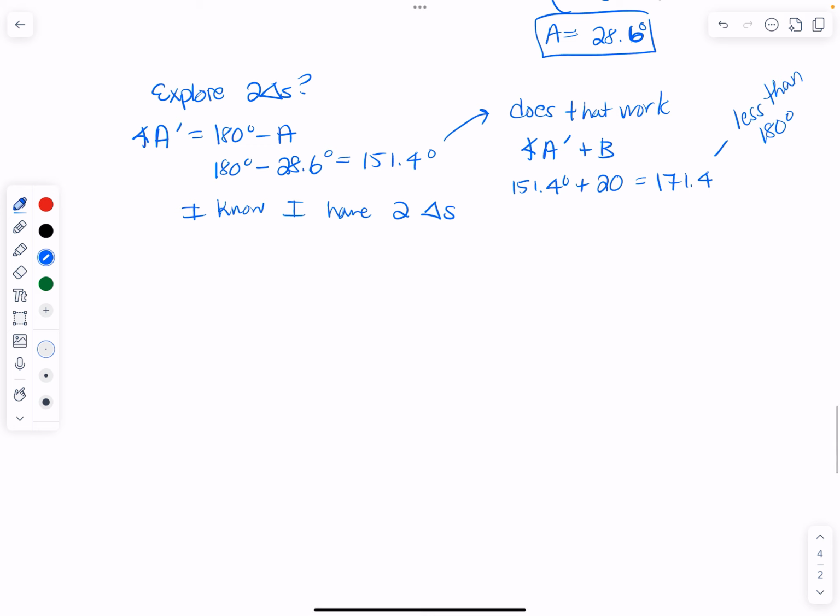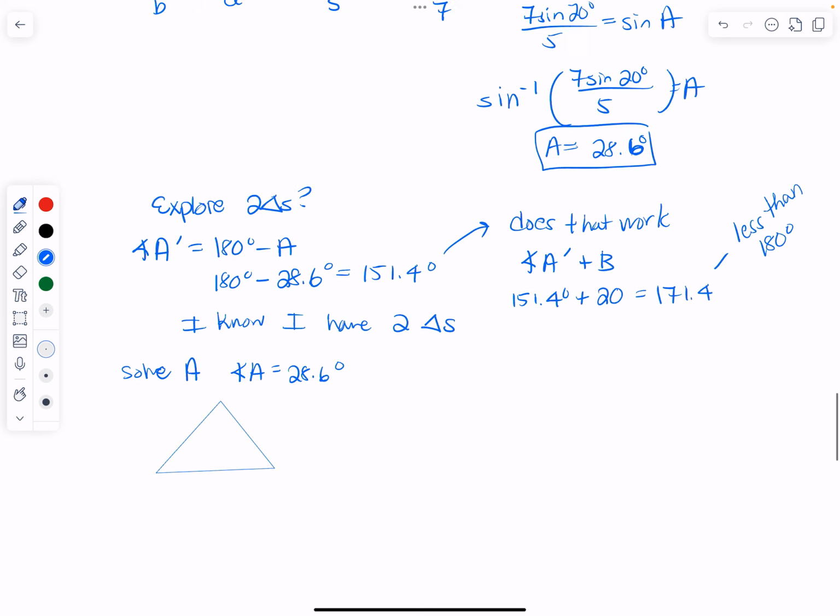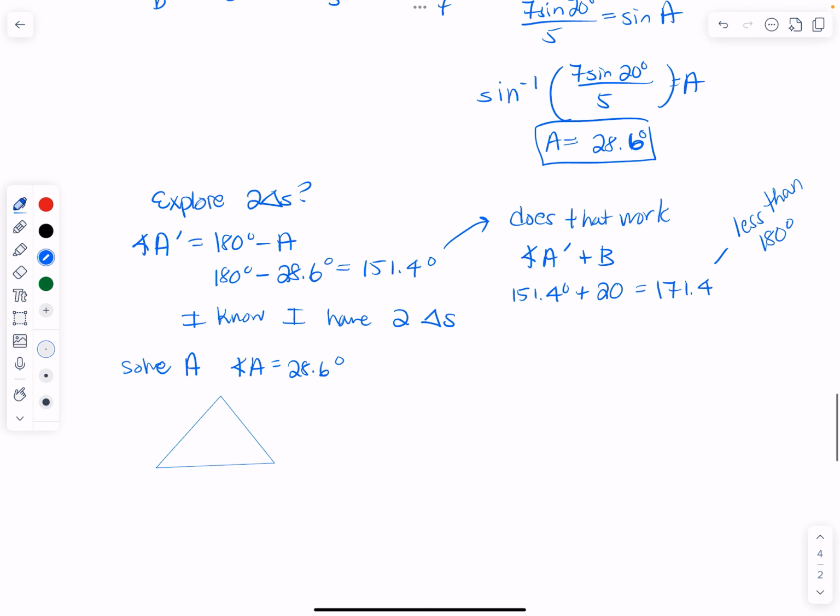So what I'm going to do is solve the first time around using angle A. Remember, angle A is 28.6 degrees. If you want to, you could redraw everything out just to have clarity. So my first triangle, remember B is 20 degrees.